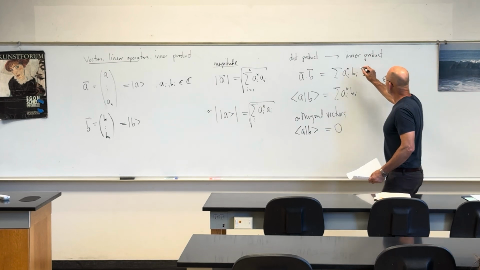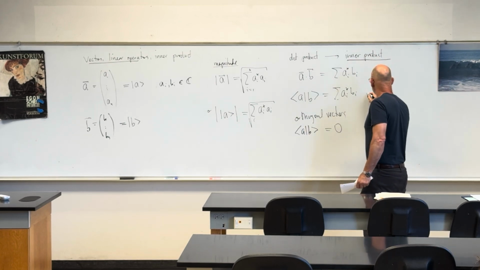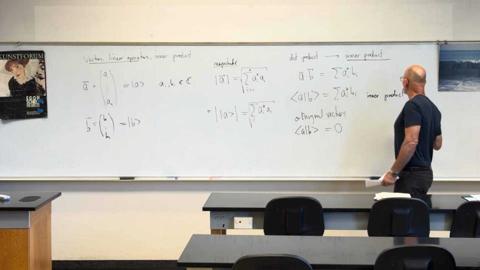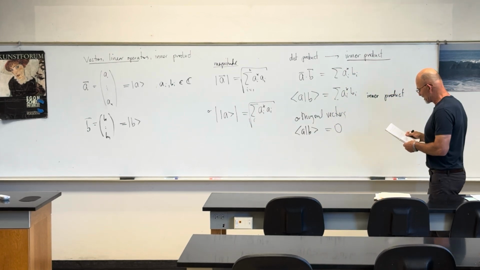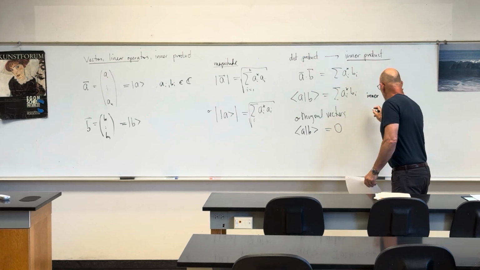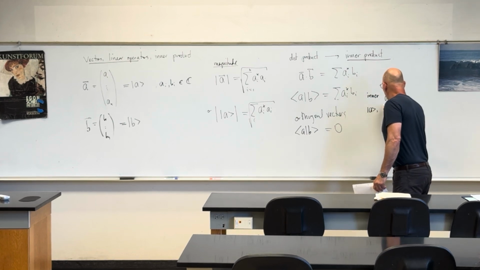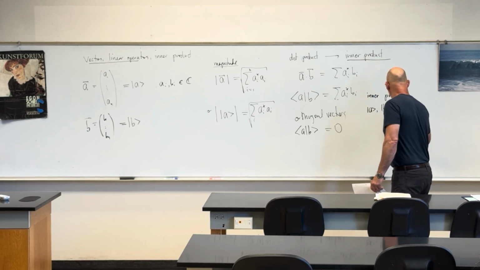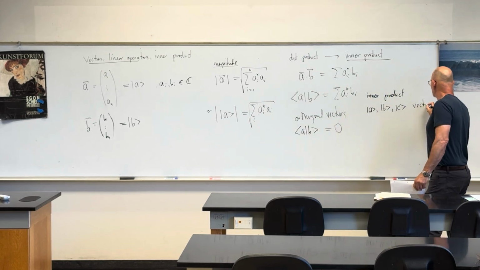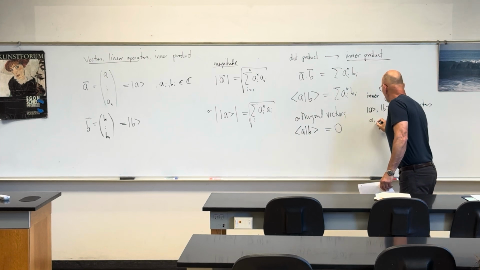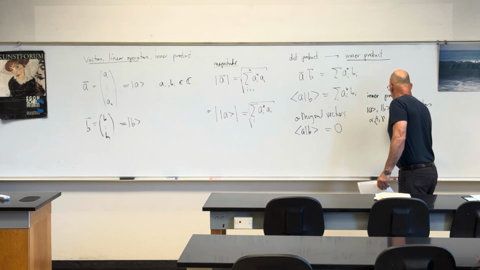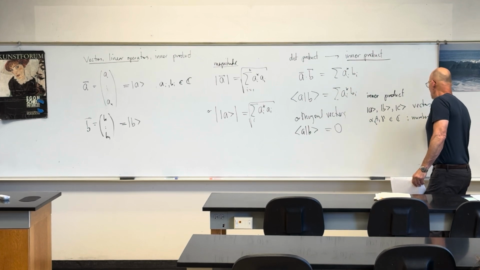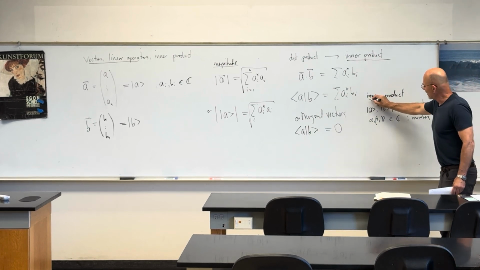So for the inner product, we have the important defining properties, which I'll just list here as well. We'll call our vectors A, B, C, and alpha, beta, gamma are numbers. Then the inner product satisfies these properties.